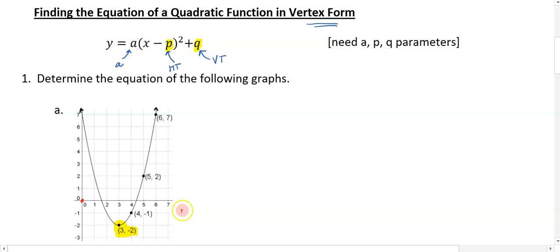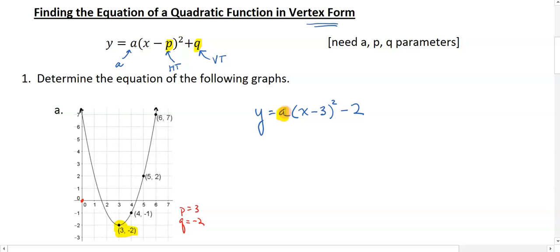So my P is 3 and my Q is -2. So I would always start by plugging that in. So I have y equals a, and since it's 3, it's x minus P, so x minus 3, that means right 3, don't forget your little squared, and then -2. Okay, so we have everything put in except we don't know A.